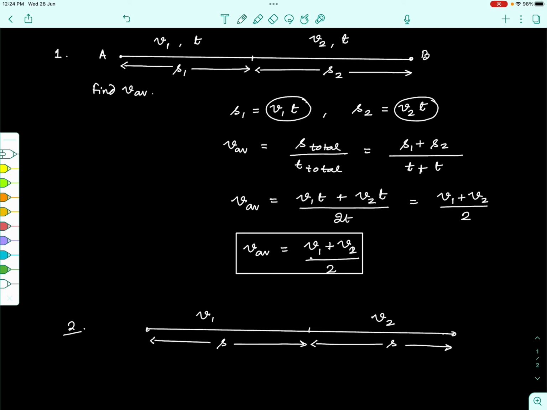So this time the two distances that are travelled are equal and they are travelled with two different speeds, v1 and v2, and now we are supposed to find out the average speed of the body.